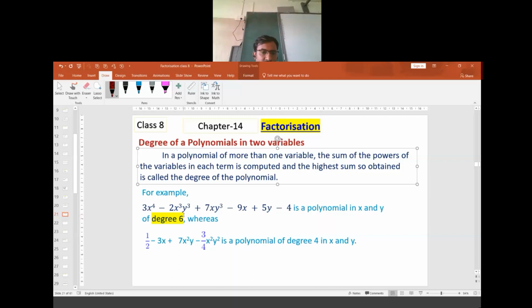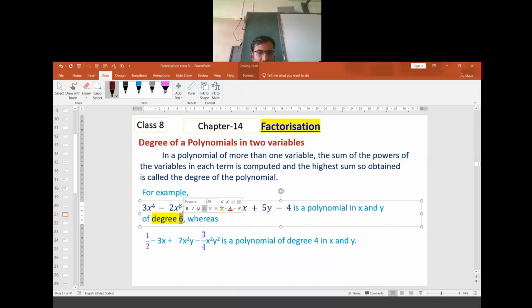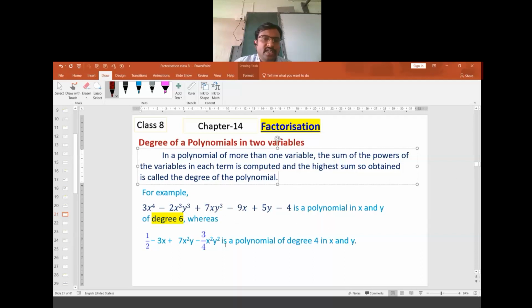The highest power of the variables in a term is called the degree of the polynomial. Here it has degree 6 because 3 plus 3 is 6.